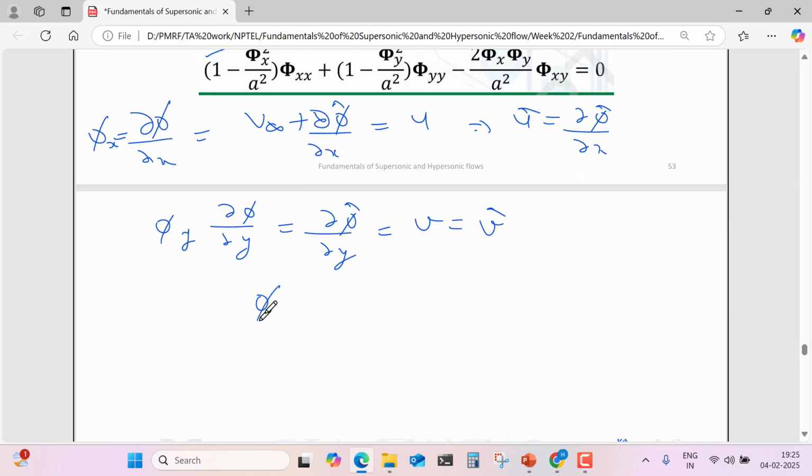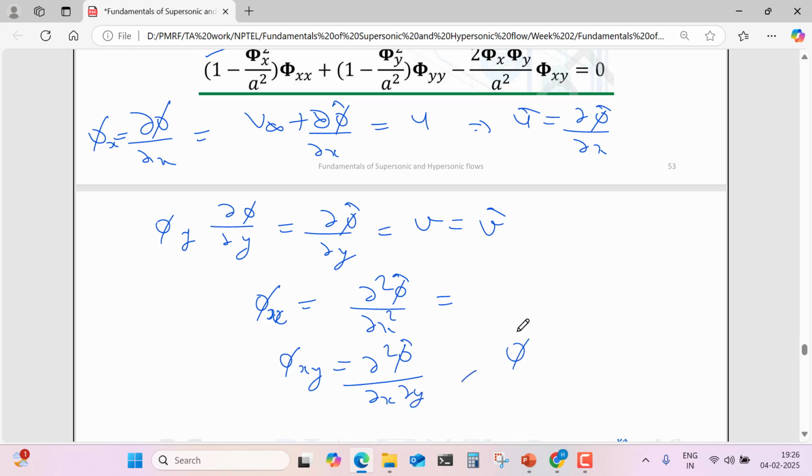Our phi xx will be dou 2 phi cap upon dou x square, and phi xy will be dou 2 phi cap upon dou x dou y, and phi yy equal to dou 2 phi cap upon dou y square.